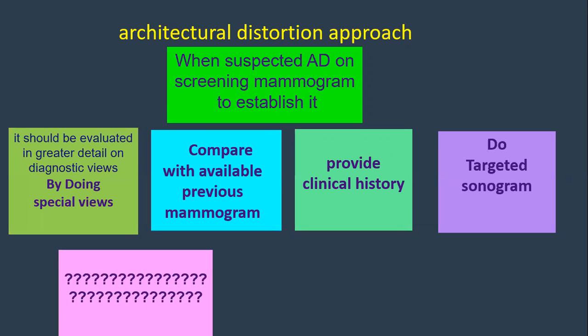Why are you doing all these measurements? Why all these precautions before saying this is an architectural distortion? Because we said architectural distortion is very suspicious, and we are going to categorize it as at least BI-RADS 4.